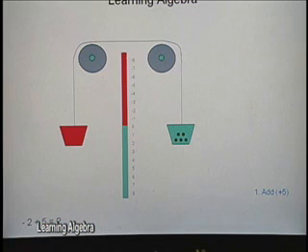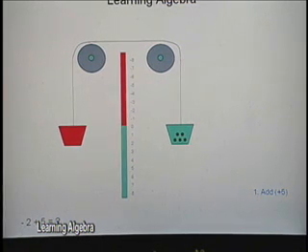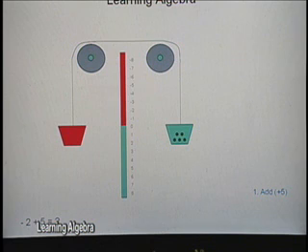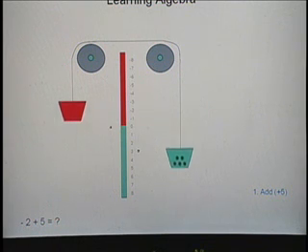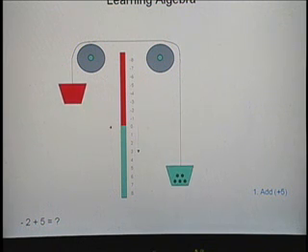As we said, the green bucket should move down by 5 units, and as the green bucket moves down, the red bucket should move up by 5 units. All right, here goes the effect of putting 5 pebbles in the green bucket.